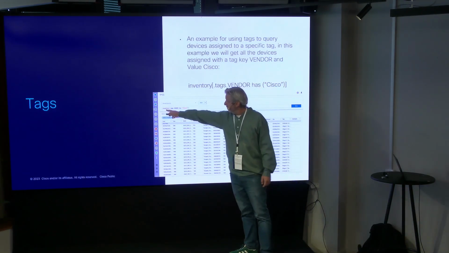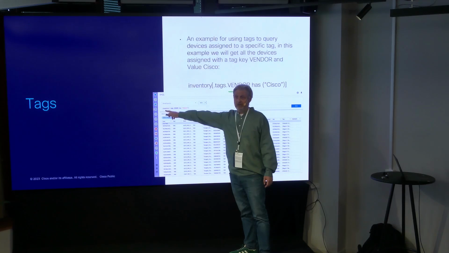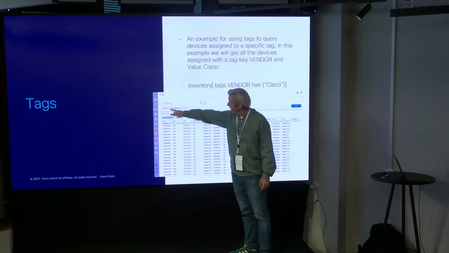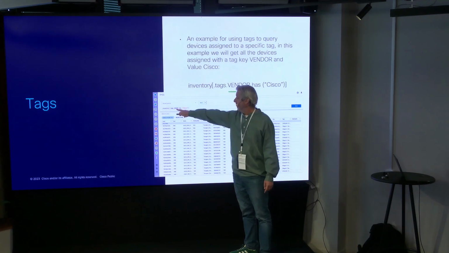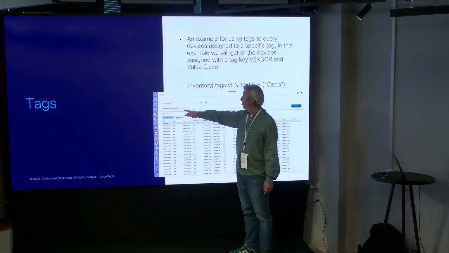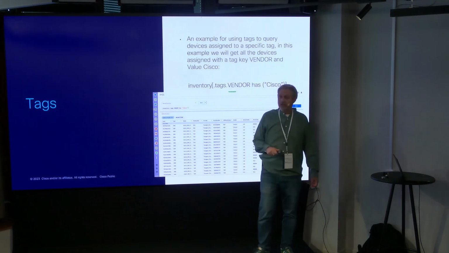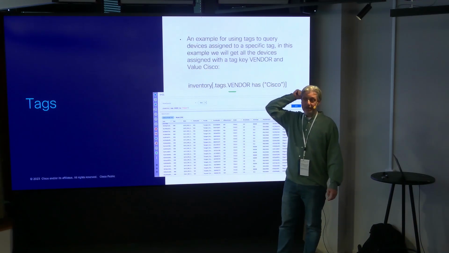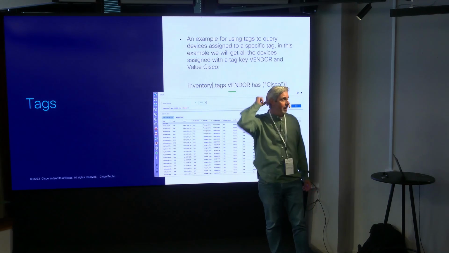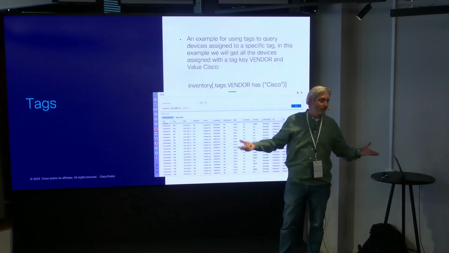We are going, bring me all inventory dot tags, where you have a tag called vendor, and the vendor has the value of Cisco. So actually how it works, also the tags are being declared by SHQL.